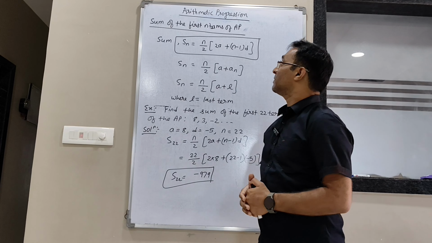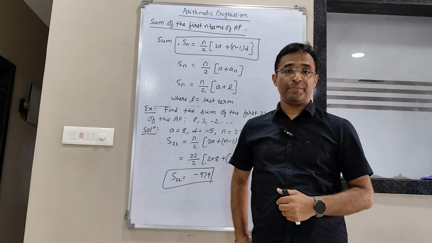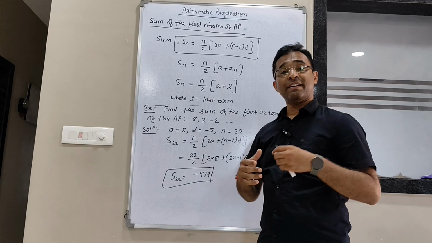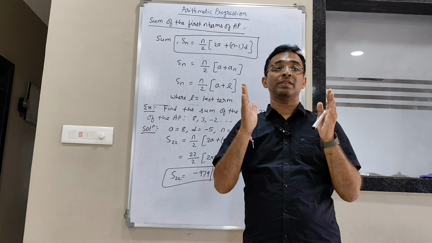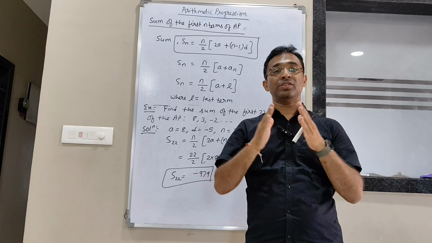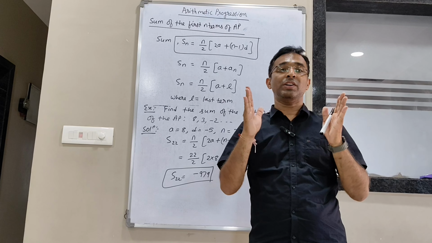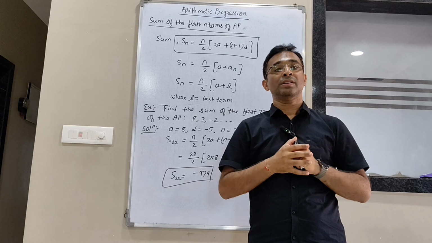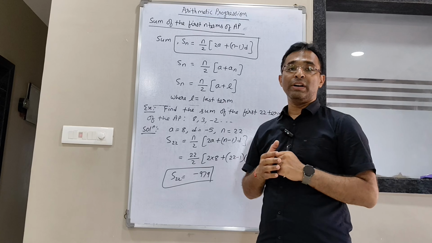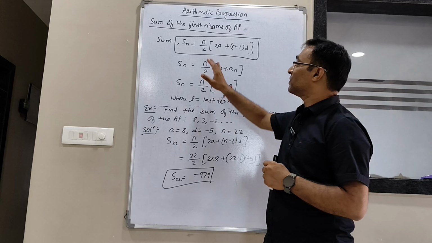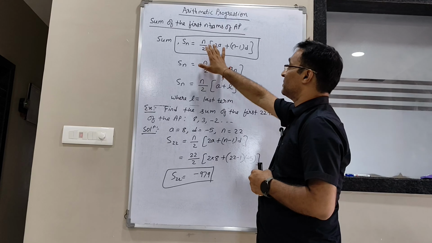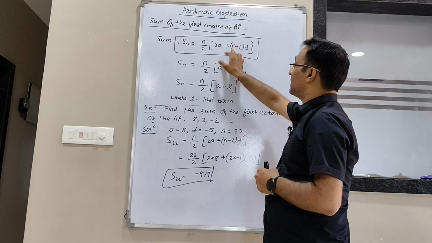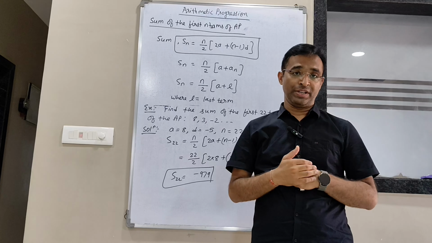We'll discuss the sum of the first n terms of an AP. Suppose we have an AP consisting of 20 terms, and in that we need to find the sum of the first 10 terms. How will we do it? We'll do it using this formula, Sn, the sum of the n terms, equals n by 2 into (2a plus (n minus 1) into d).